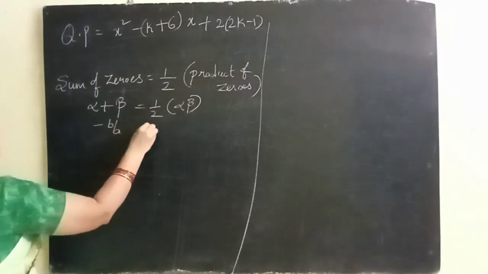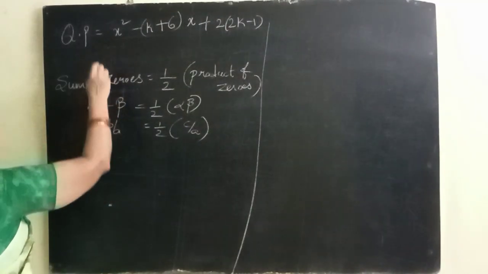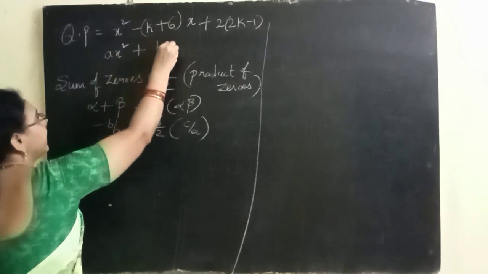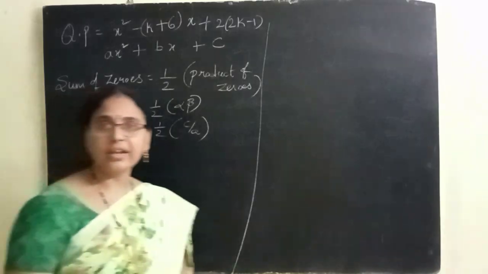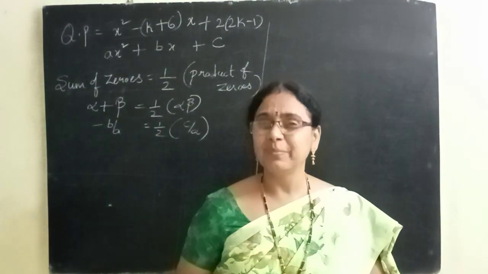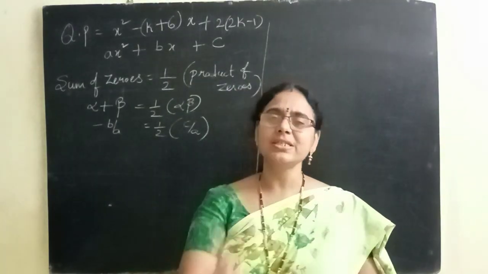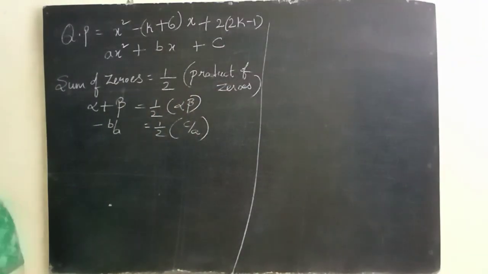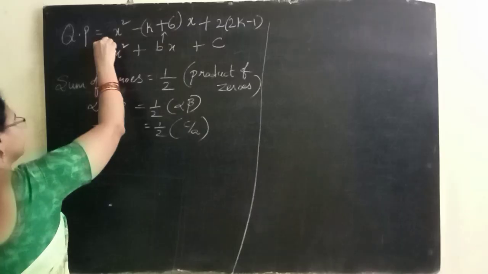C by a. So according to this, a x square plus bx plus c. A means the x square coefficient. Did you observe any x square coefficient? Nothing. Does that mean you write it as 0? No. X square is there, which means it is there one time, so A is equal to 1.